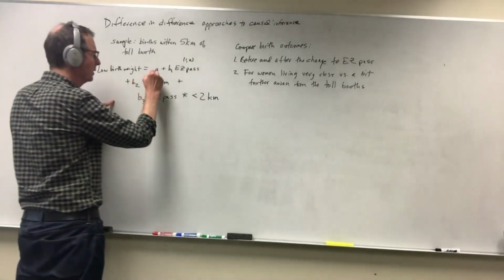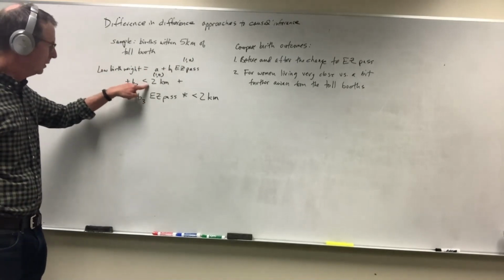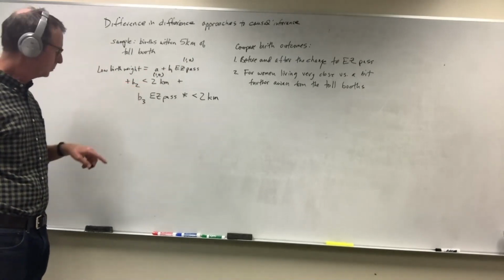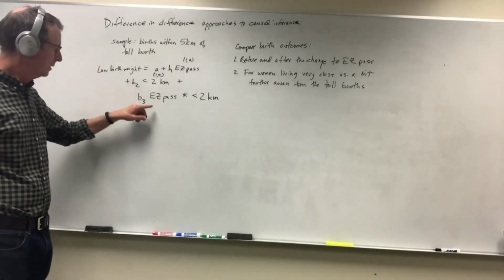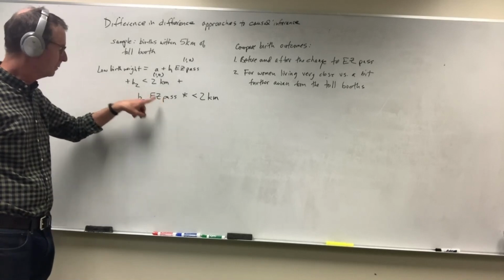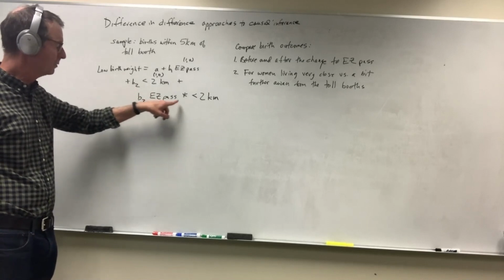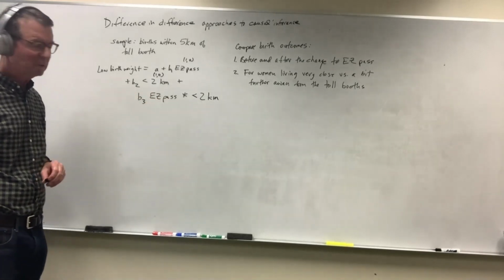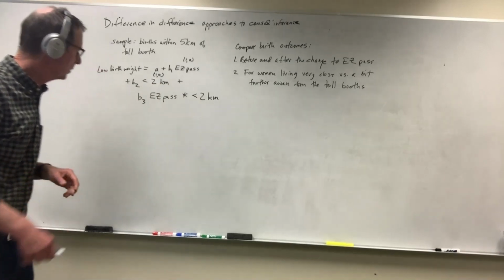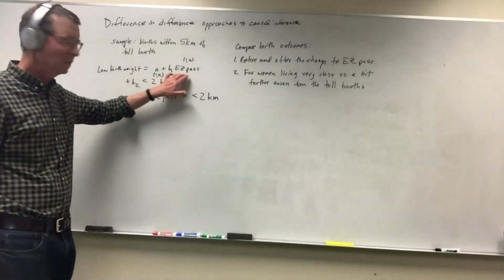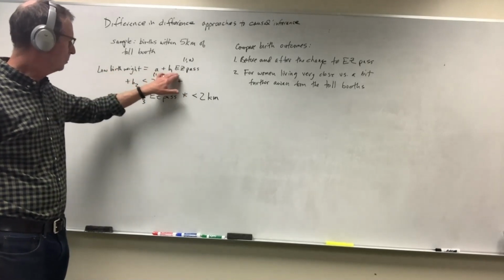Plus, here's another dichotomous variable, whether the mother lived within 2 kilometers of the toll booth. And then the interaction between those two, right? B3 times the product of whether the prenatal period was during E-ZPass times whether the mom lived less than 2 kilometers away. So you're getting a main effect of the E-ZPass, non-E-ZPass distinction on low birth weight with B1.